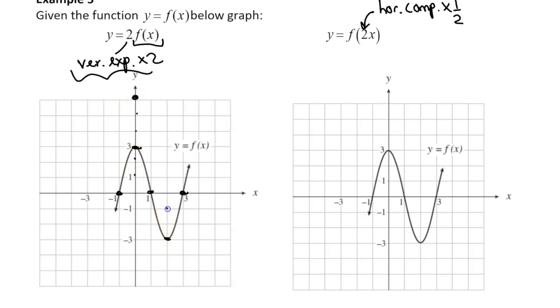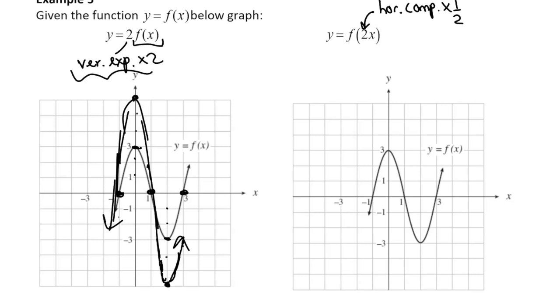Our negative 3 down here, 1, 2, 3, 4, 5, 6, becomes negative 6. And then these points on the x-axis, when you double 0, you just stay exactly there. And you create something that's going to look like it's been stretched twice as much as what it used to be.